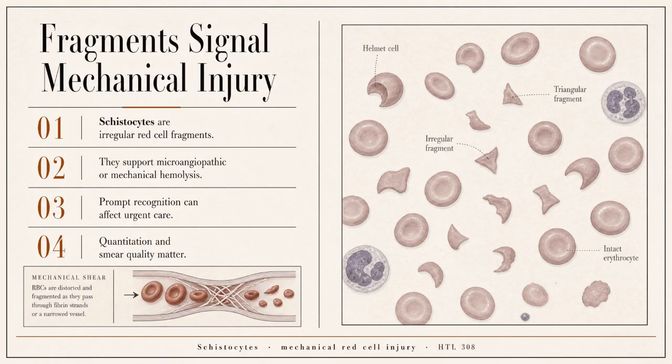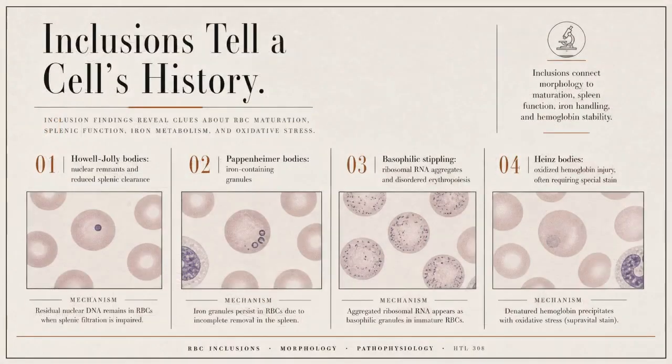Now, let's look at what other small clues the red cells can offer. Red cell inclusions are small, but they tell an important story about cell development, splenic function, and cellular injury. Howell-Jolly bodies are nuclear DNA remnants that normally would be removed by the spleen, so they are classically associated with asplenia, hyposplenia, or post-splenectomy states.